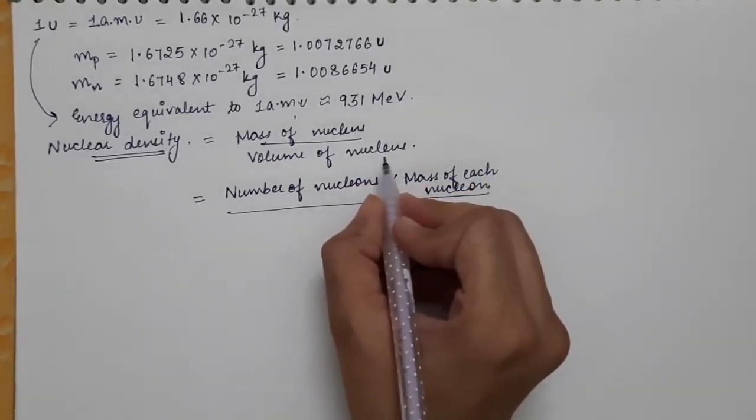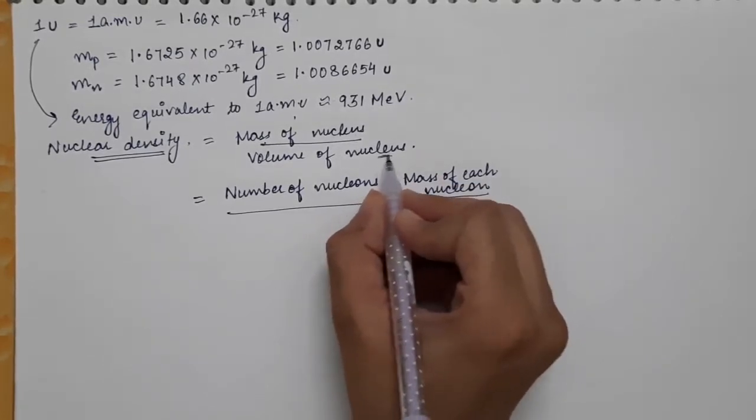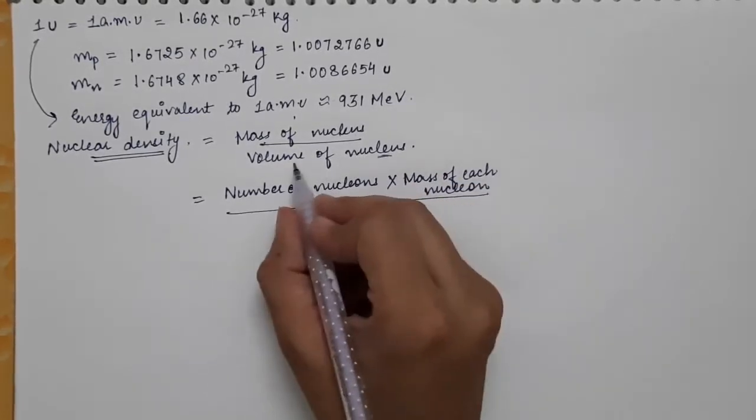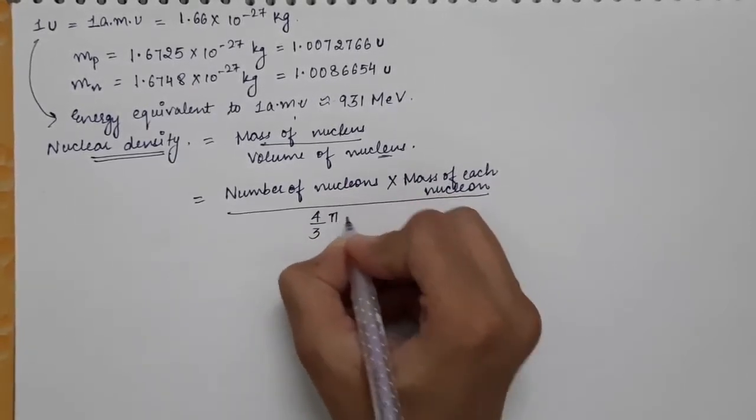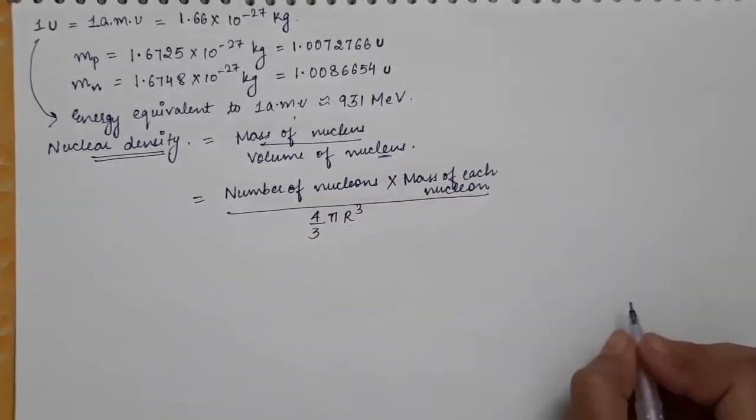We assume here that the nucleus is almost spherical in shape. So the volume of the nucleus will be equal to 4/3 πr³, where r is the radius of the nucleus.